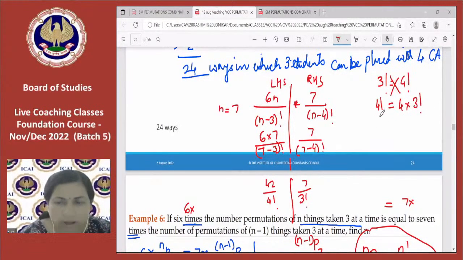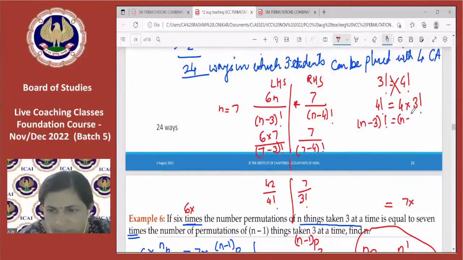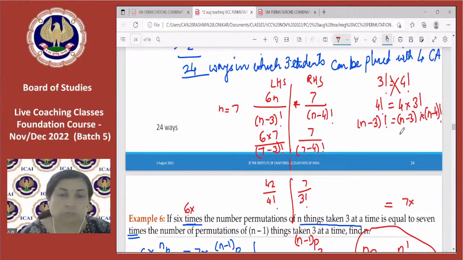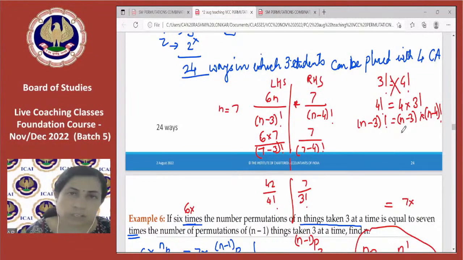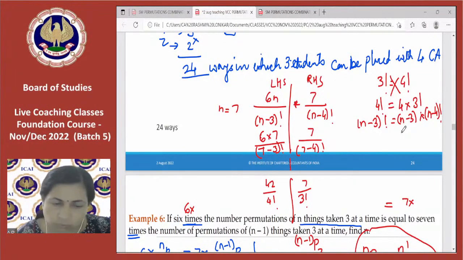So I can write n minus 3 factorial to be equal to n minus 3 into n minus 4 factorial. Okay, Priyanka, I hope you understood. We always take from the bigger number to the smaller number. You can't do it in the reverse way.